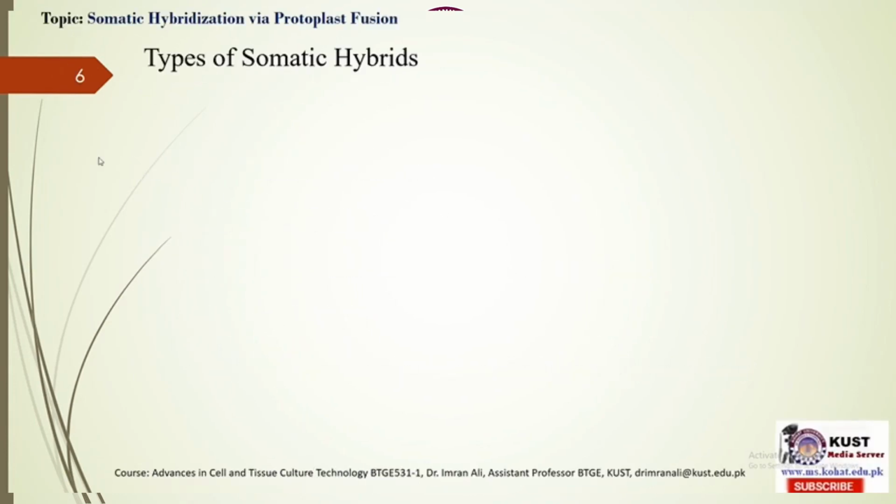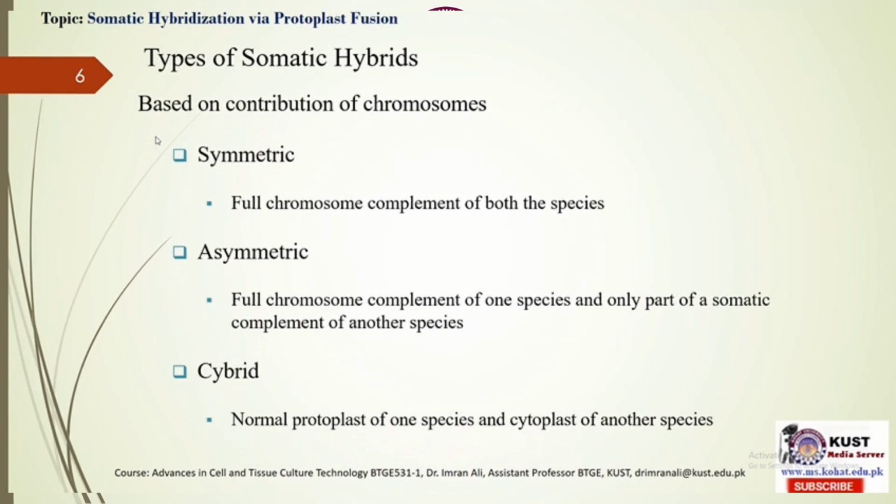We also have types of somatic hybrids based on the contribution of chromosomes towards the hybrid. The first one is symmetric hybrids. In symmetric hybrids, the full chromosome complement of both the species is present. So, both the species contribute equally towards the development of the somatic hybrid.